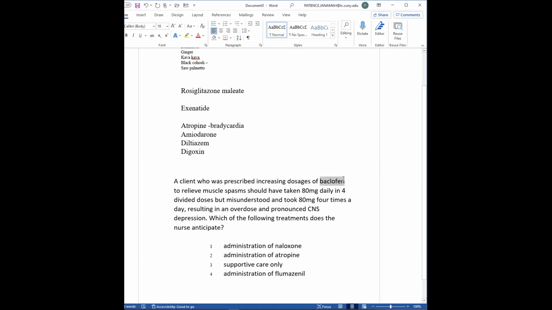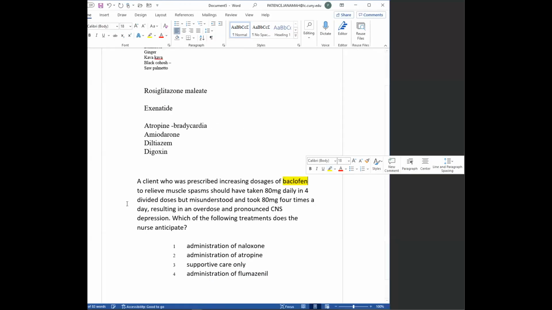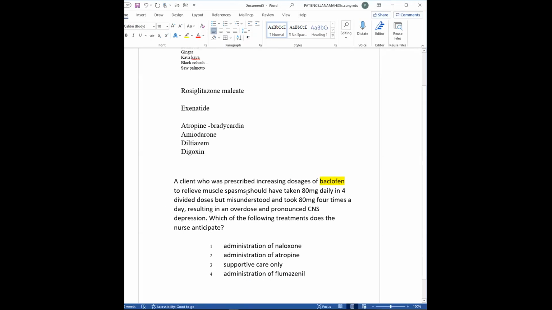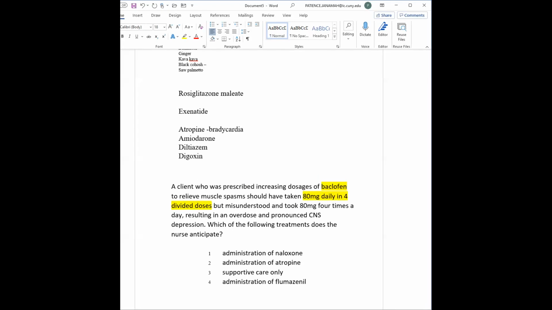Baclofen is the medication to relieve muscle spasms. The client should have taken 80 milligrams daily in 4 divided doses.